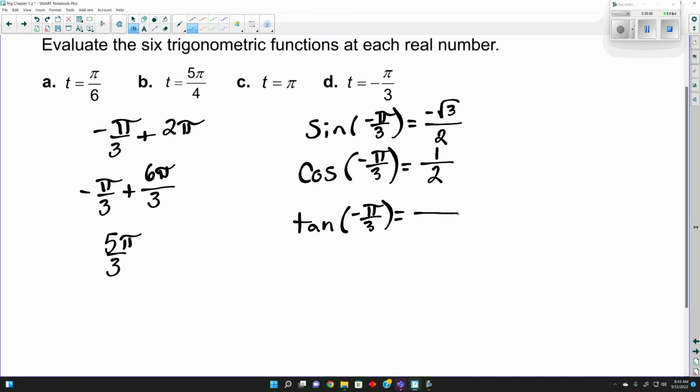Well, I don't need that, actually. So we would do what? Sine over cosine, yes? Well, one of them is negative, the other is positive, so we know it's going to be negative, yes? It works out to be negative square root of 3, and we'll finish this up tomorrow.